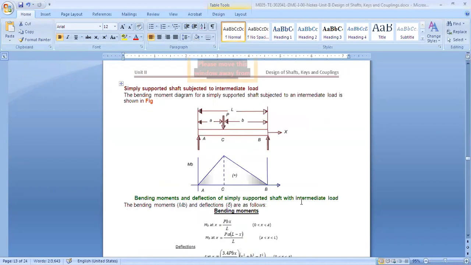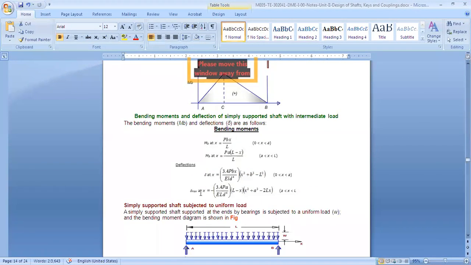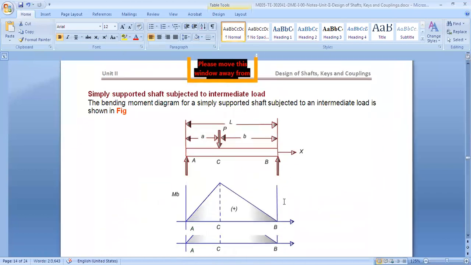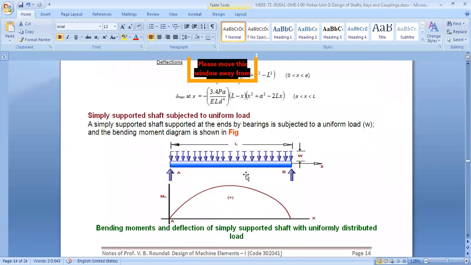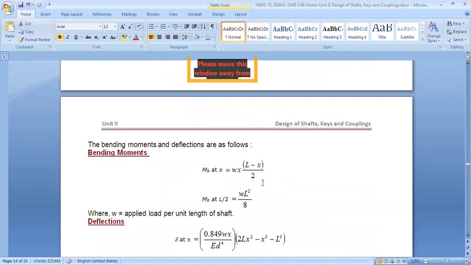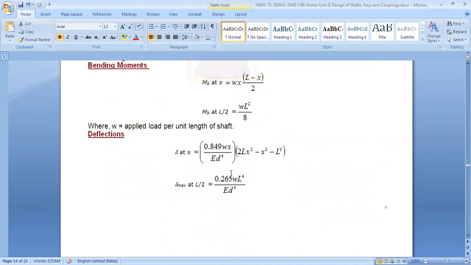Similarly, if the load is not at the center but somewhere else, then delta is given by the equation I have shown. Let me just enlarge that. That equation will be used for the deflection of the shaft for a simply supported beam. But with a uniform load, not at the center but uniformly distributed, the bending moment will be maximum at the center, WL square upon 8, and the maximum deflection delta is given by 0.265 WL raised to 4 upon ED raised to 4.